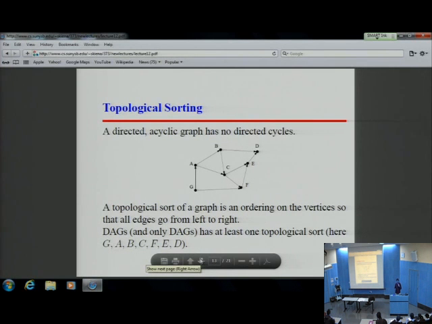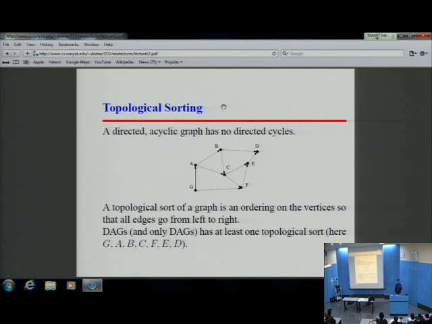Here we're talking about directed graphs. The claim is that if you have a directed acyclic graph, meaning directed, no cycles, there's an ordering of the vertices so the edges all go from left to right, okay?